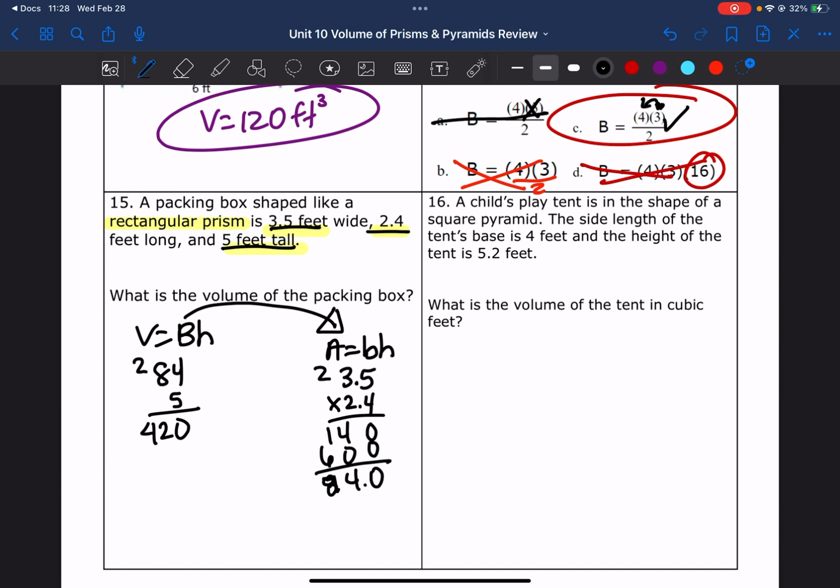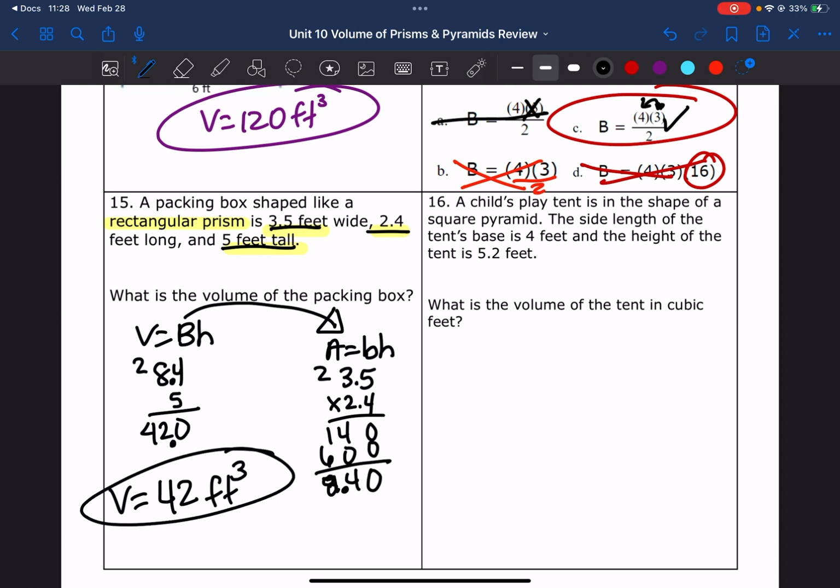Okay, and there's a decimal. It's supposed to be 8.4. There's no decimal here. Okay, there we go. So that means that we're going to have 42. That's our volume, and it is feet cubed.